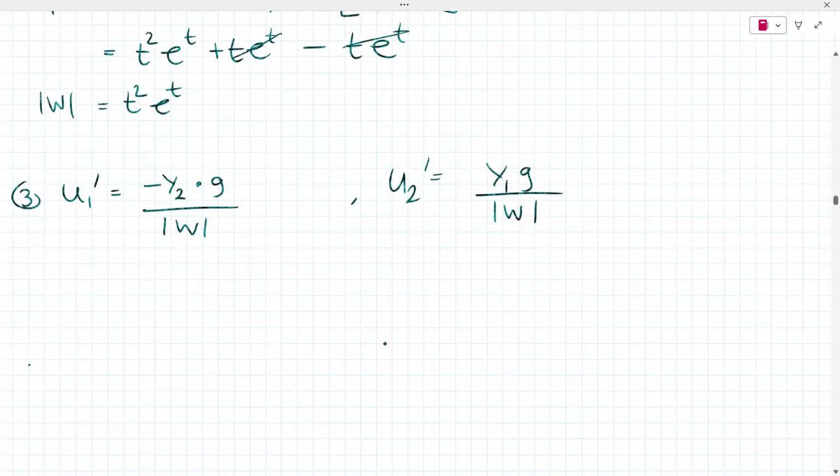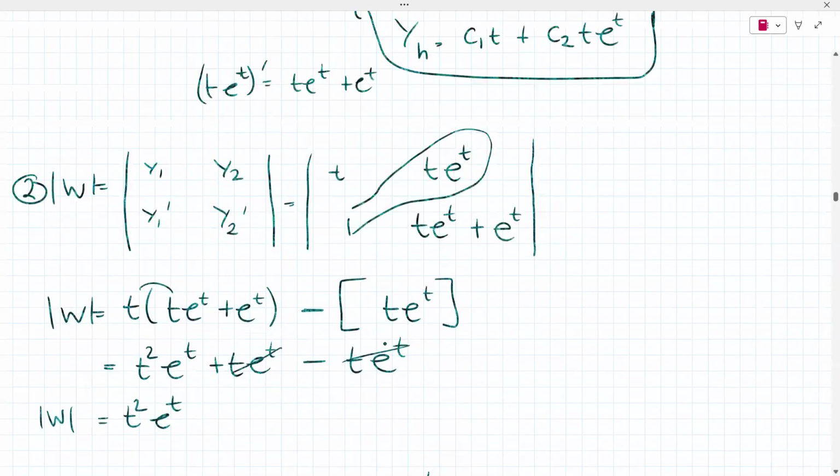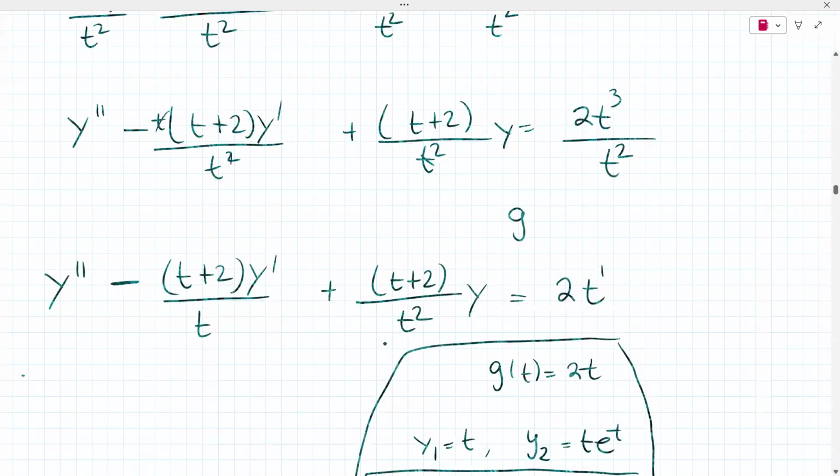Let's fix this. So what is my u1 prime? It's going to be minus, and then my y2 is t e^t times my g that was given, that was 2t, right? At the very end, 2t.